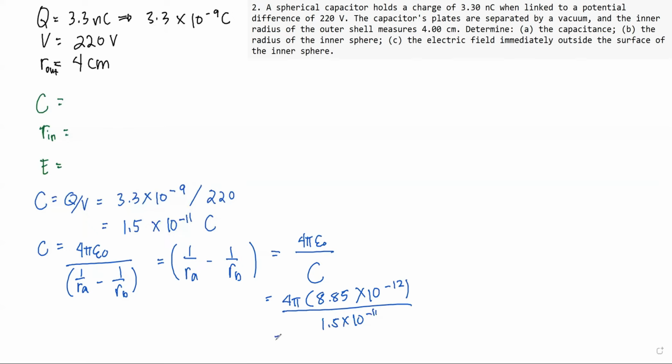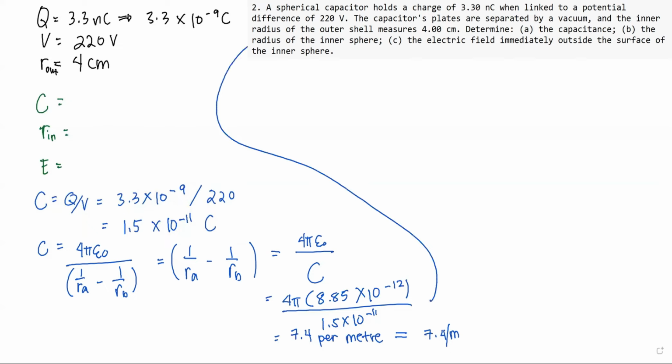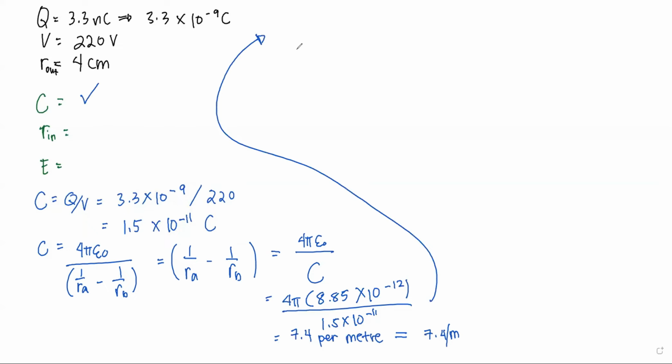We'll get here 7.4 per meter. Right, and then we can distribute negative 1 over RB in this case. So we're done here. We're now working on Rin, which is your RA rather, excuse me.